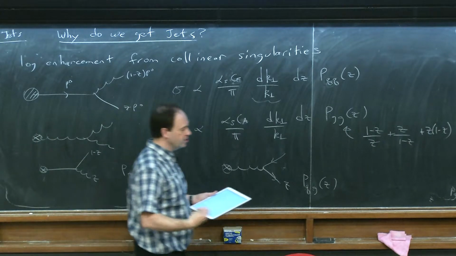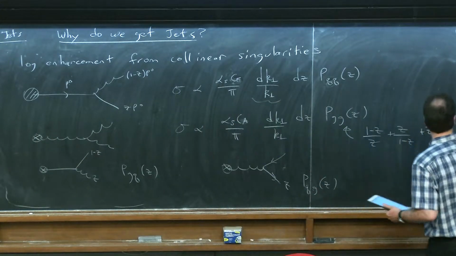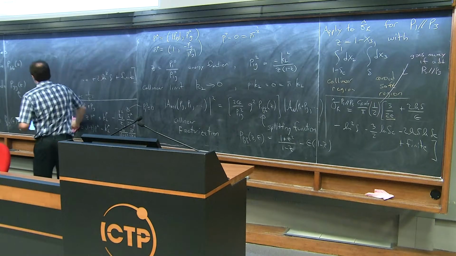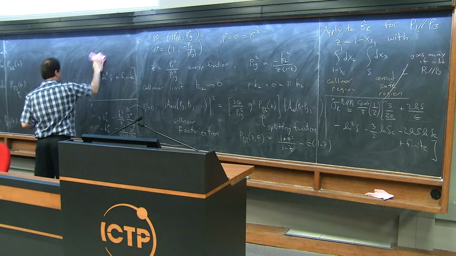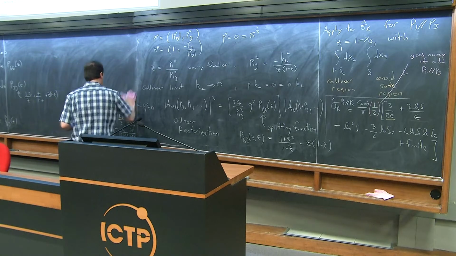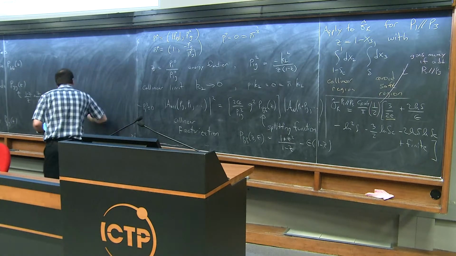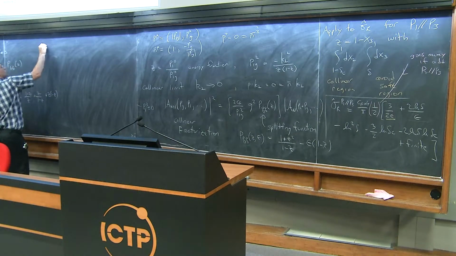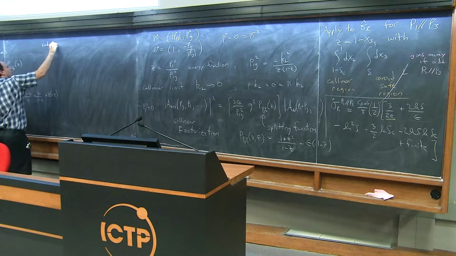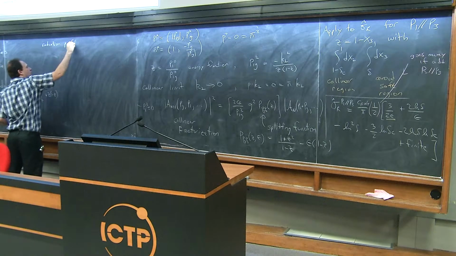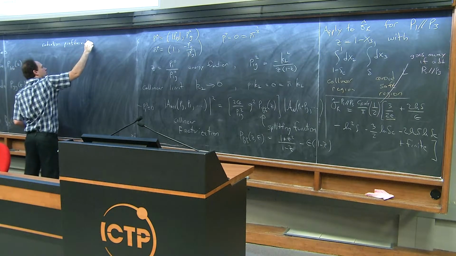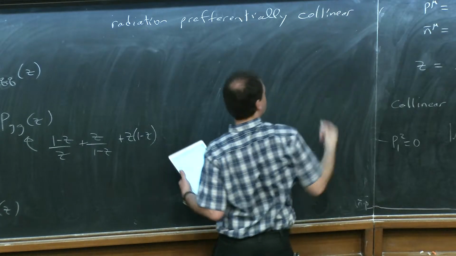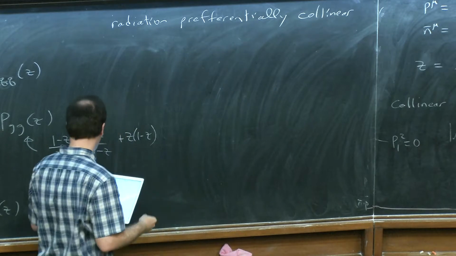So the radiation prefers to be collinear because there's a log enhancement. That's the upshot. All these amplitudes have a log enhancement from the dk perp over k perp. And since it's preferentially collinear, that's what leads to this shower of hadrons.